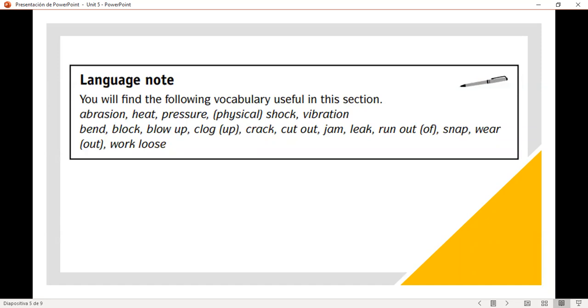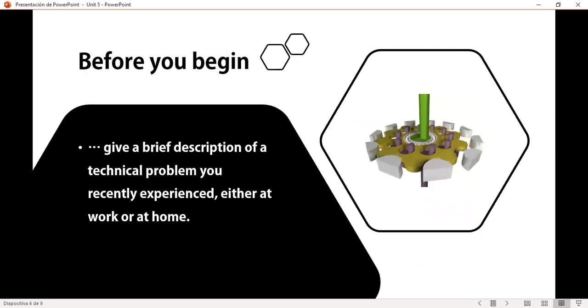Physical shock, vibration, bend, block, blow up, clog, that means to go up, cut out, jam, leak, run out, snap, whir, and work loose. This vocabulary will be used during this first section.